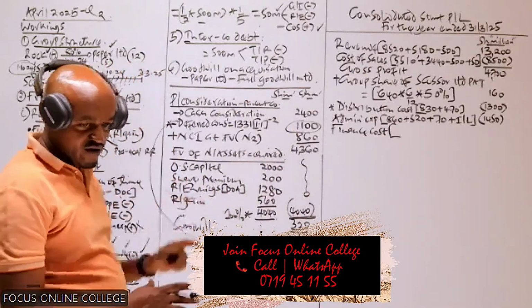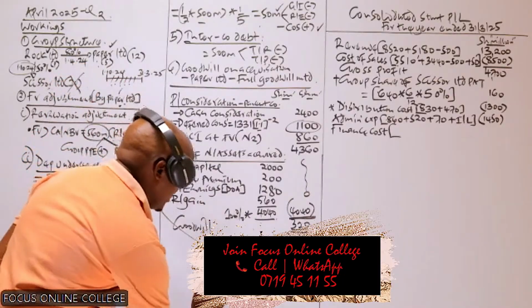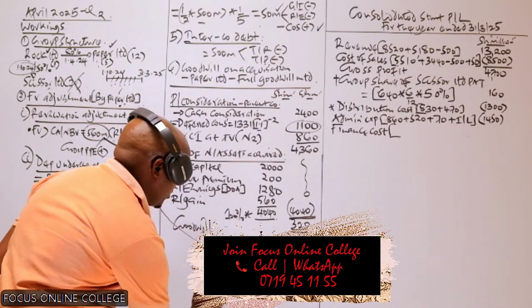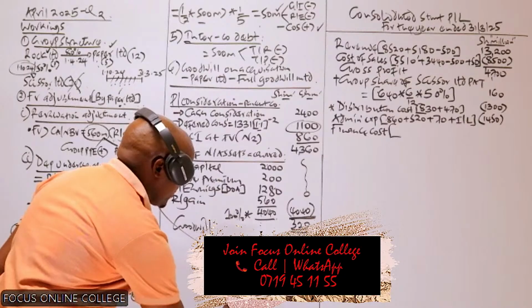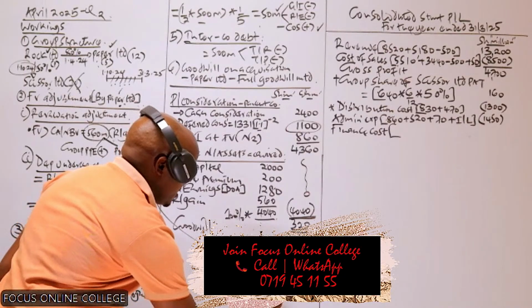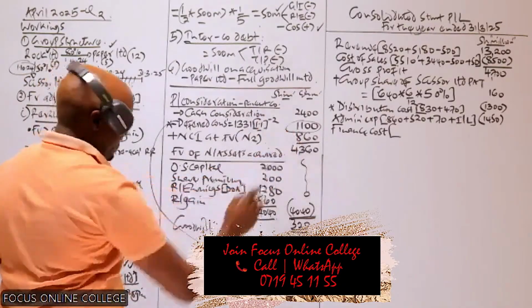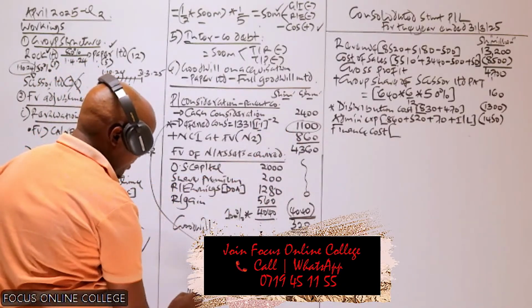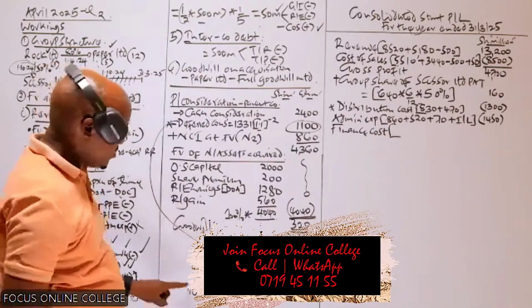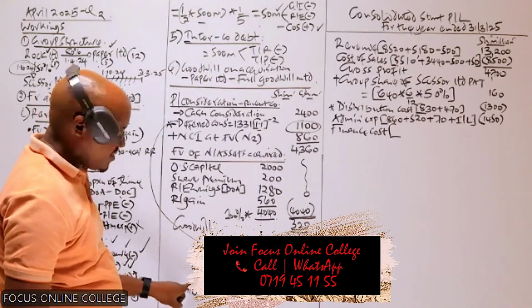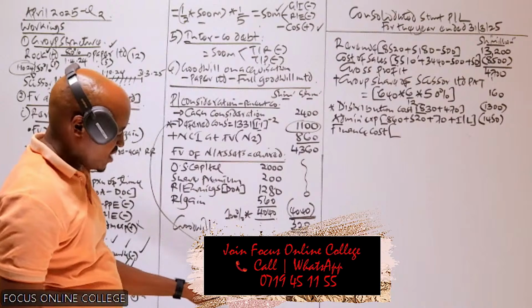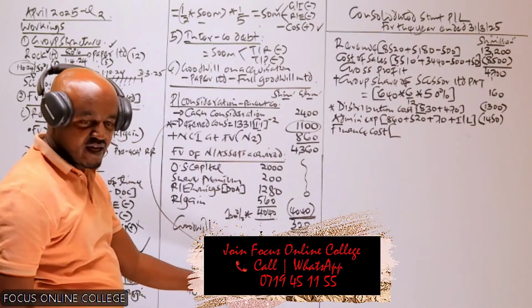What I'm trying to avoid here is to prepare an amortization schedule, but I think I can do that very fast so that you understand. We are saying we should amortize this. This is the deferred consideration at the start. This is like our own amortization schedule. You have a column for years, the liability at the start, the interest, the cash paid, and the liability at the end.